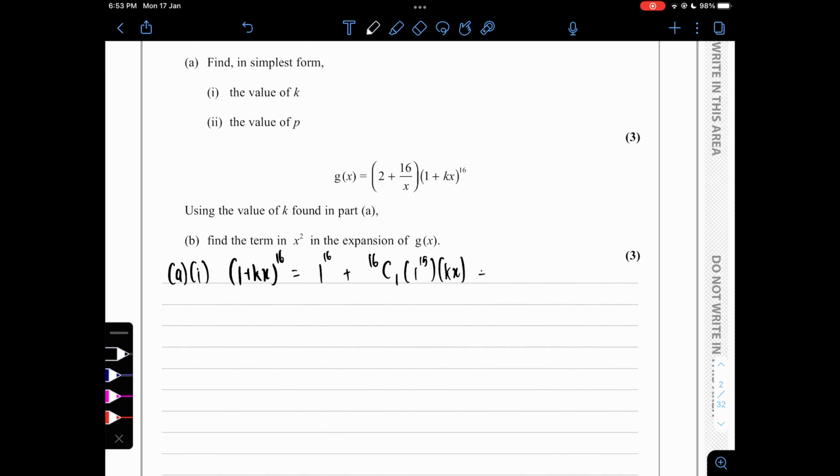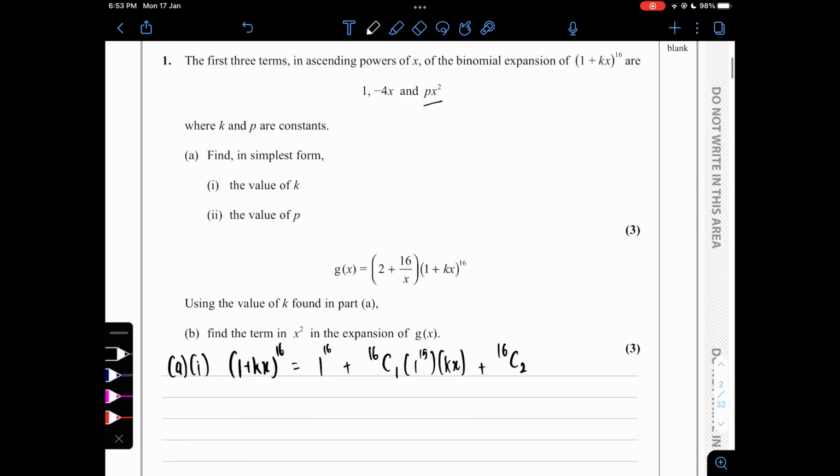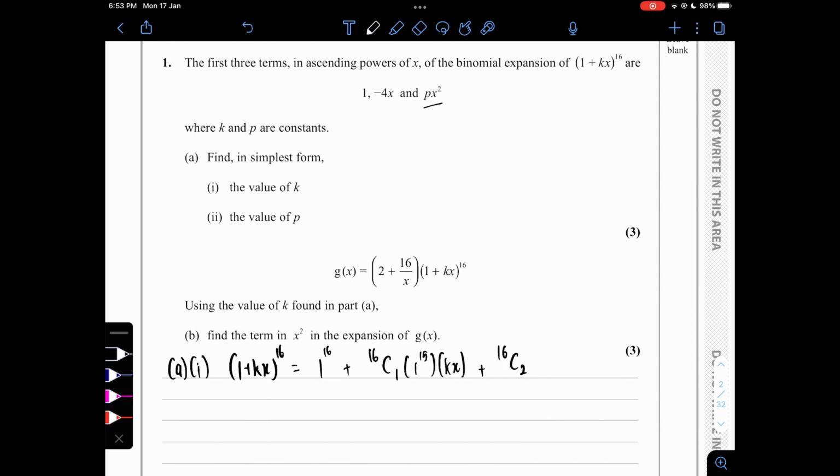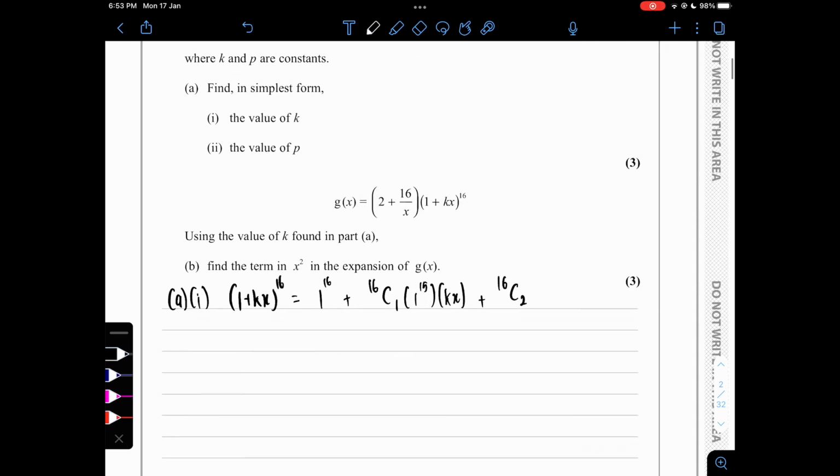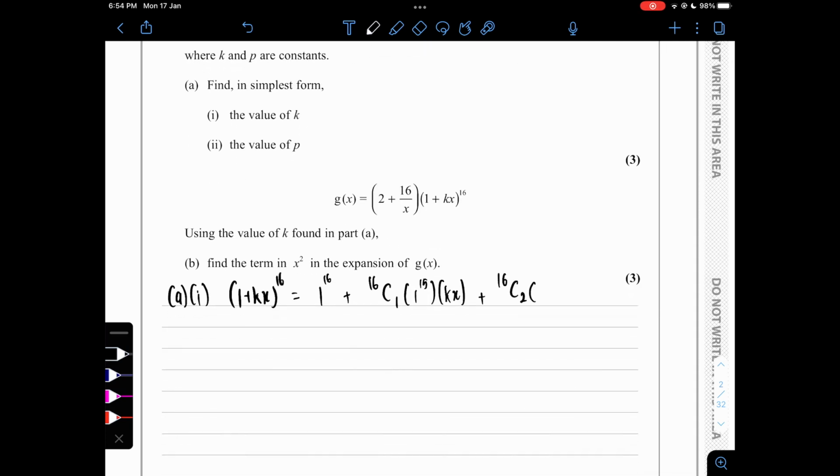Plus 16C2, this is the third term, right? The value of k and p we can find using this. And this would be 1 to the power of 14, 16 take away 2, and this would be squared.